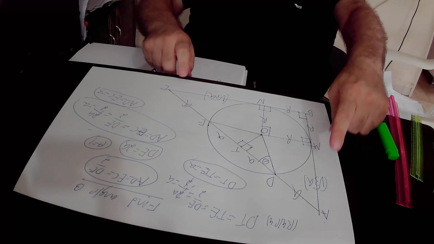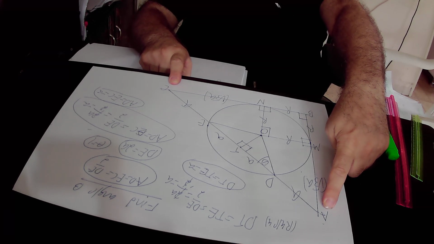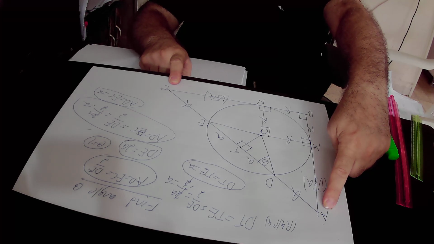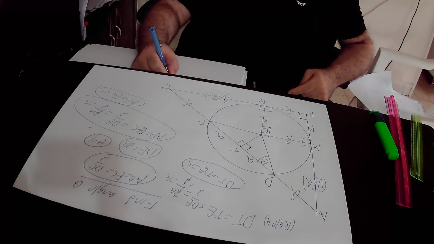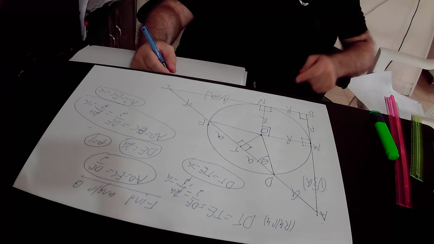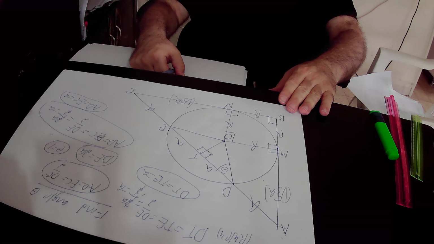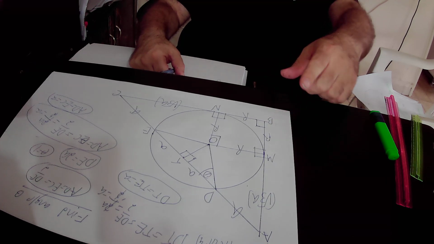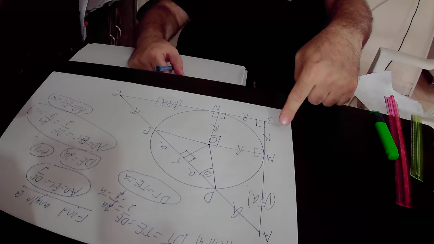What is the value of the hypotenuse AC? It's very easy to see from the drawing that AC equals A plus A plus A plus A, that is 4A. What is the value of AB? The value of AB is equal to the square root of 3 times A plus R.